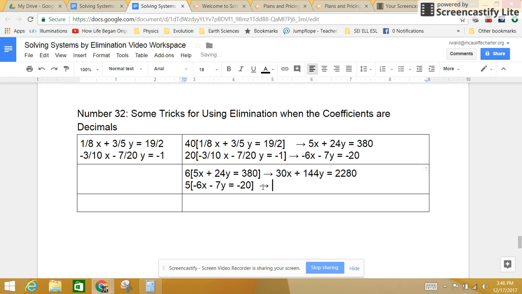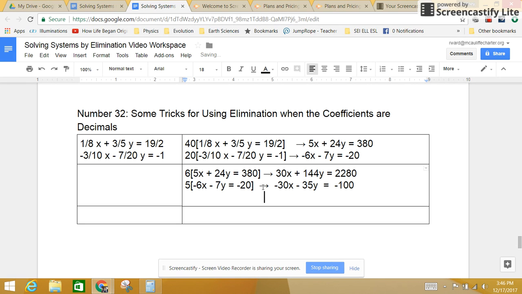Now, let's do the other one. So 5 times negative 6x is negative 30x. 5 times negative 7y is negative 35y. And 5 times negative 20 is negative 100. Now, I've got opposite coefficients, so I'm going to add, because adding opposites makes 0.